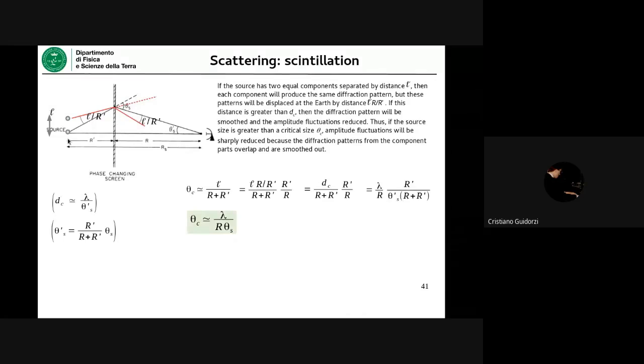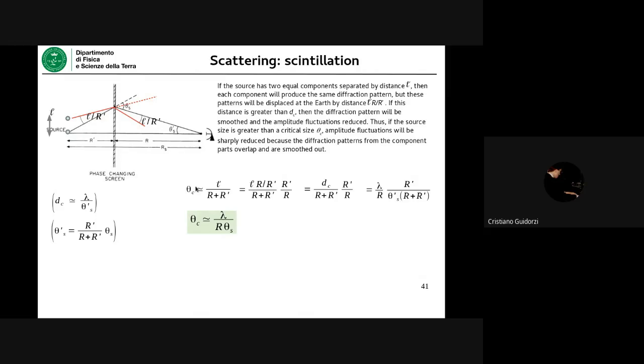But if the source is not point-like, and its angular size is comparable with the critical size theta c or even larger, the fluctuations due to the turbulence of this medium are significantly suppressed, quenched.